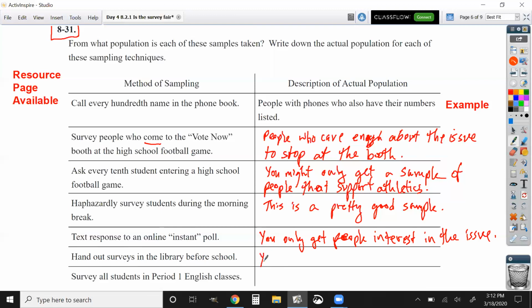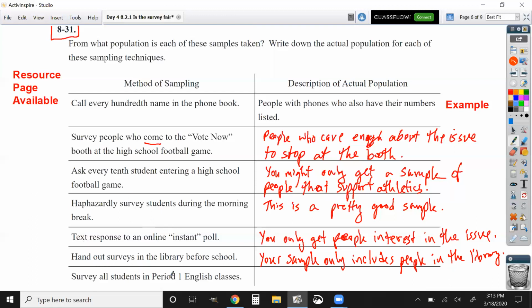So your sample only includes people in the library. You're not getting the people that are out on the yard hanging out with their friends.